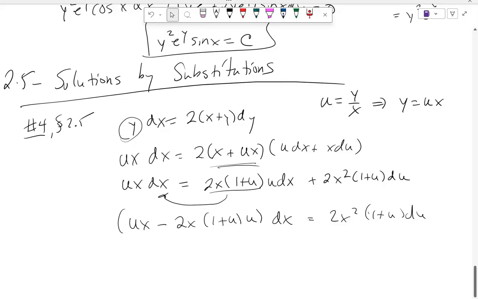Looks kind of ugly, but it's not horrible. In particular, notice again, I've got an x in both terms, so I can pull out the x, and I'll simplify inside a little bit. I've got a u minus 2u, so I'll have a negative u, and then a minus 2u squared dx. I think I did my arithmetic right.